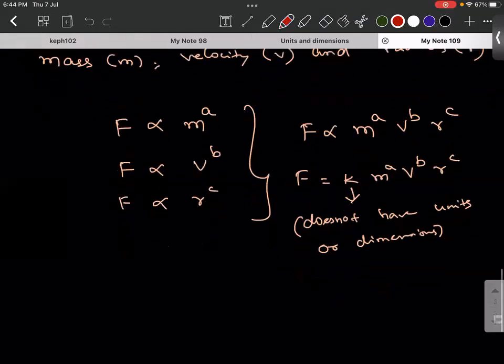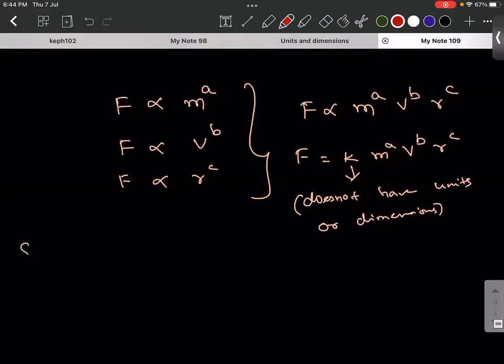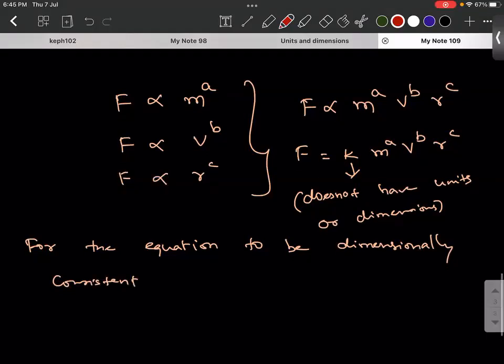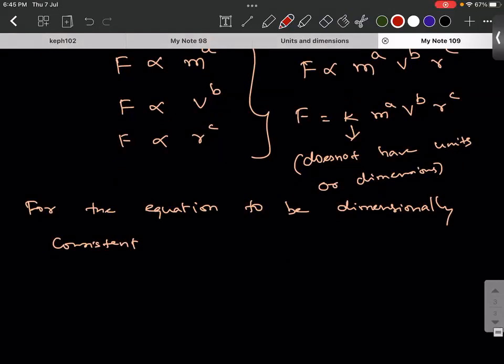Now, for the equation to be dimensionally consistent, what should happen? The dimensional formula of force should be equal to the dimensional formula of K, the dimensional formula of M power A, of V power B, and of R power C.